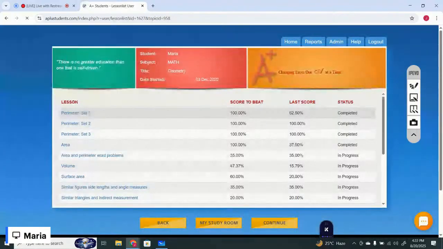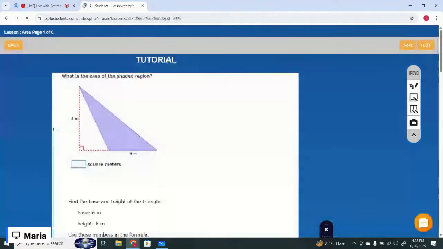The next lesson is area. Let's just start with the lesson. What is the area of the shaded region?